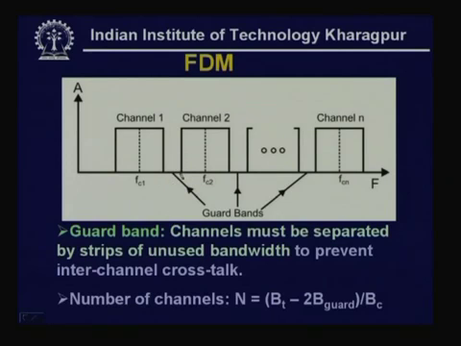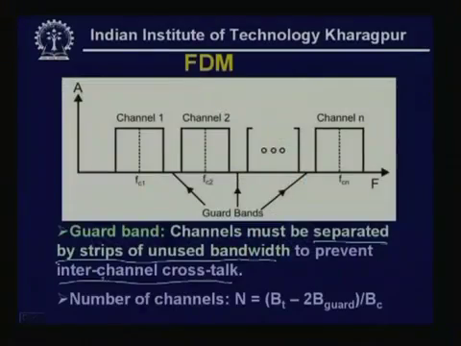You have to use some guard band between the two so that they are separated by strips of unused bandwidth to prevent inter-channel crosstalk. So as you know, whenever you perform frequency modulation, the bandwidth increases, and you have to overcome the crosstalk. So inter-channel crosstalk has to be avoided, and to do that guard bands are used.